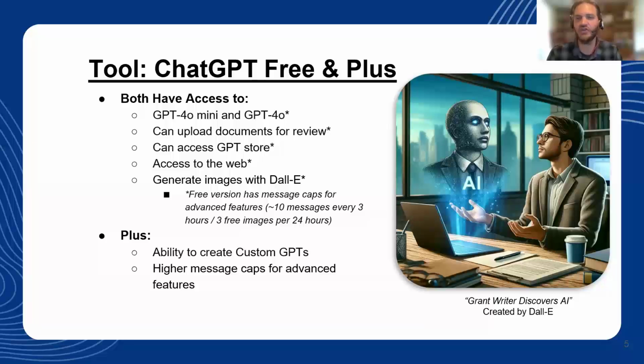So you don't get too many to actually utilize. And then you get 3 images for about 24 hours in terms of DALL-E. Once you hit that message cap, it's going to move you to the less advanced model, which would be the GPT-4o Mini, which doesn't have quite as many advanced features, but can still be pretty robust for a lot of people's needs.